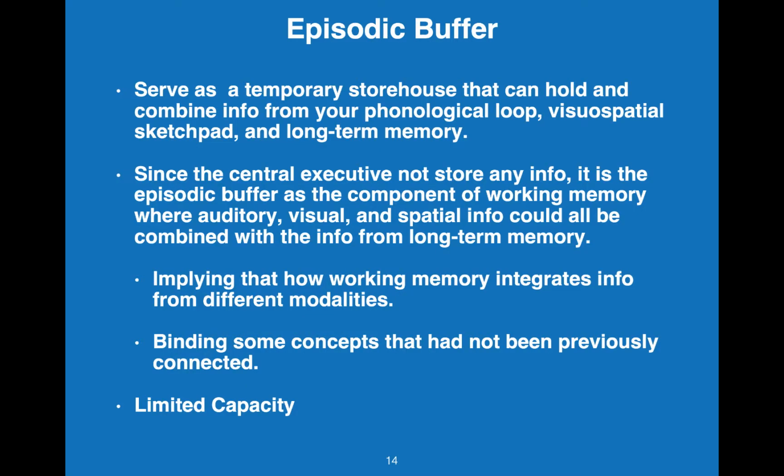Now, the last component of working memory, the episodic buffer. The episodic buffer serves as a temporary storehouse that can hold and combine information from your phonological loop, Visuospatial Sketchpad, and even long-term memory. Since the central executive cannot store any information, the episodic buffer is the component of working memory where auditory, visual, and spatial information can all be combined with information from long-term memory.